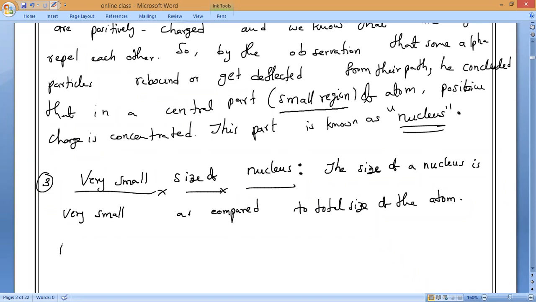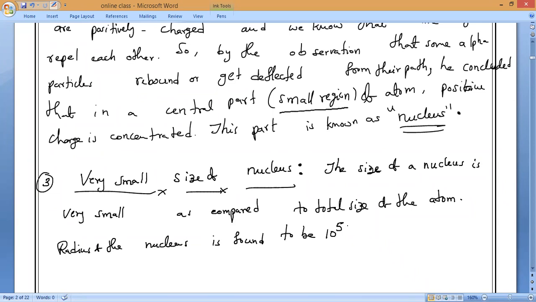The radius of the nucleus is found to be 10 power 5.